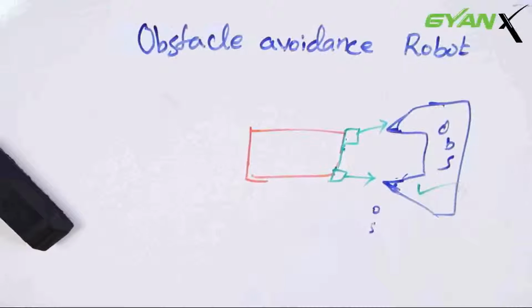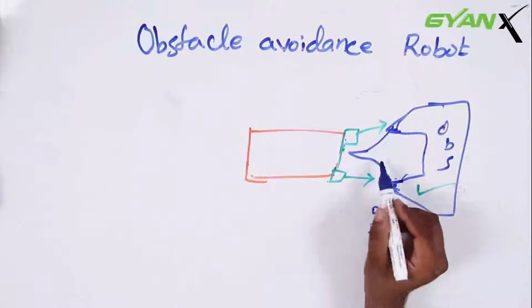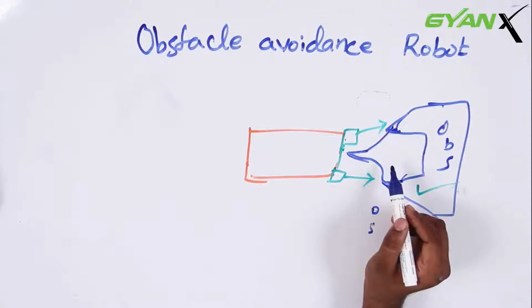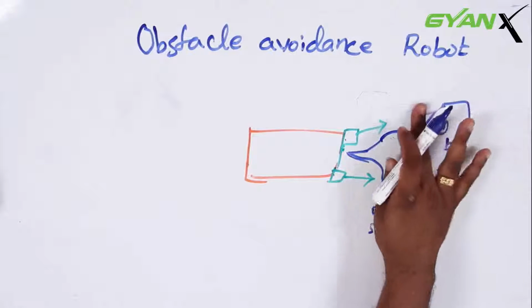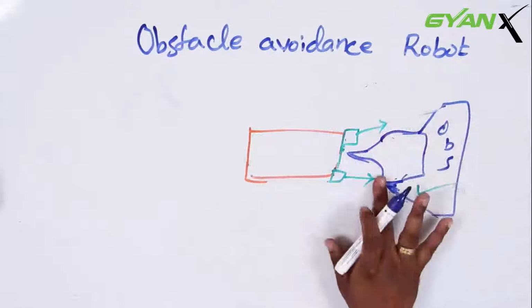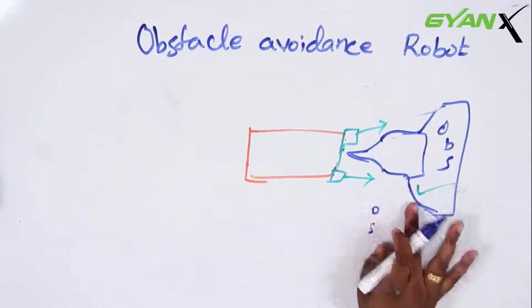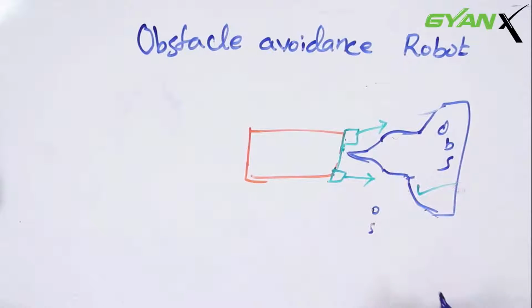Assume the obstacle shape changes like this. Then both sensors are not detecting an obstacle, however the obstacle is pretty near to your robot. So the scenario is a different case.